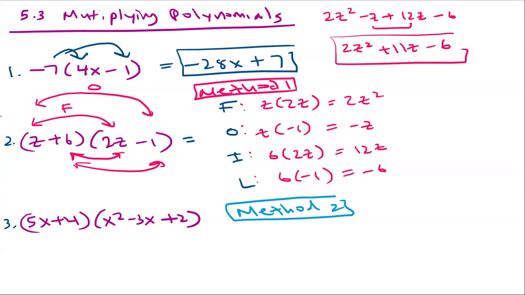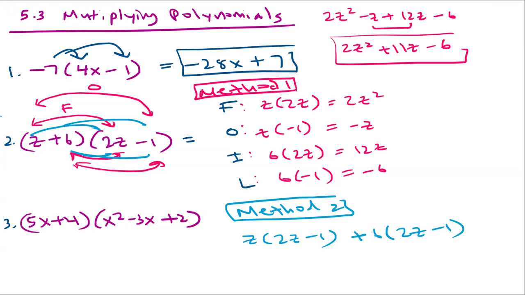So again, I have z plus 6 times 2z minus 1. So I'm just going to take the first term and then multiply the binomial. So z times 2z minus 1. All right, so I just take this one and I multiply each term. Then I do the same thing and I get the 6 and multiply it to each term. So that'll be plus 6 times 2z minus 1. For me, that's a lot easier to remember.